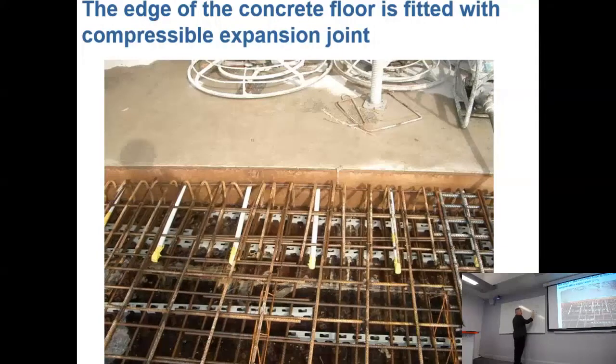And what this does is it doesn't allow any vertical movement, but allows horizontal movement. So we've got an expansion and contraction joint.